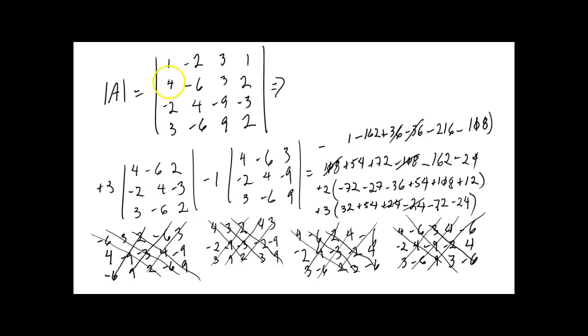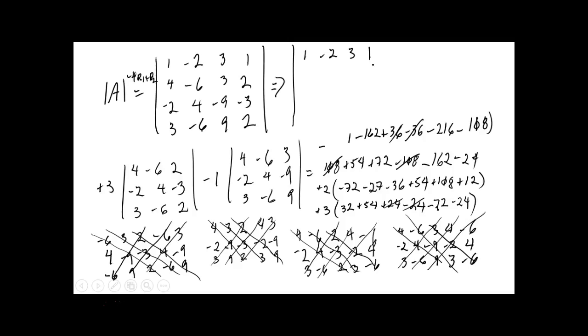What are we going to do to row reduce and get zeros below it? -4 times row 1 plus row 2. Now I'm going to still keep this as a determinant. I shouldn't, but that's what we're starting as. So we're using row 1, so we write it down: 1, -2, 3, 1.